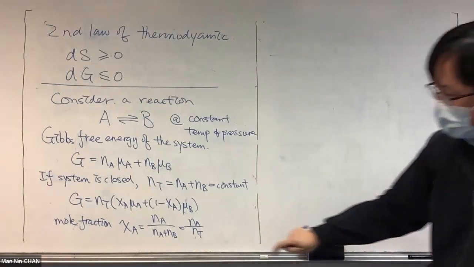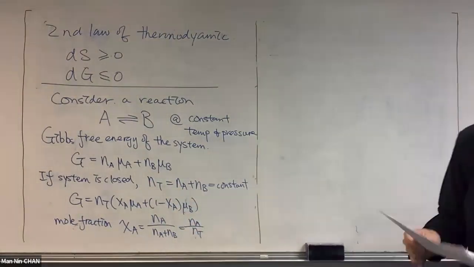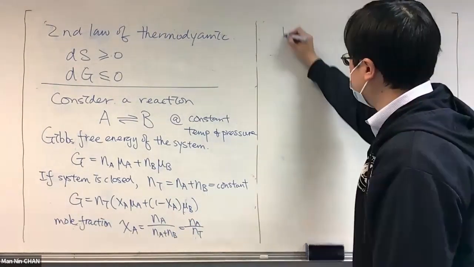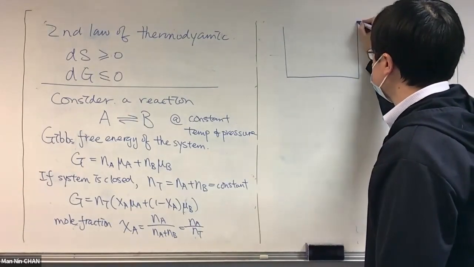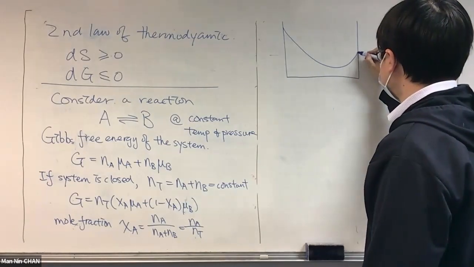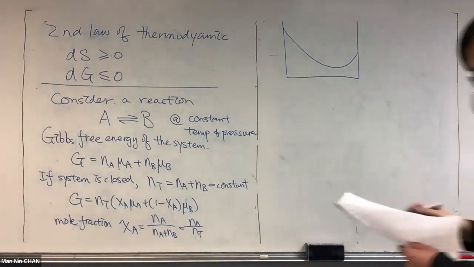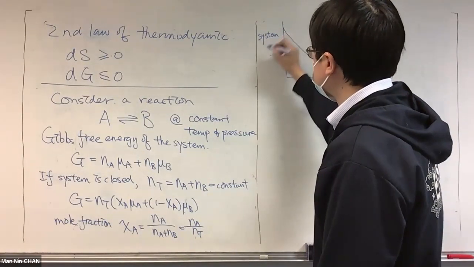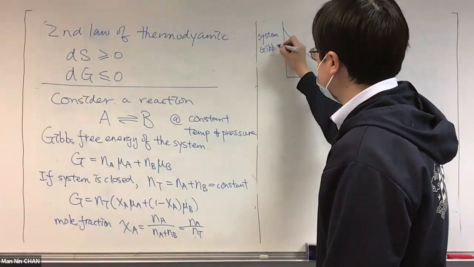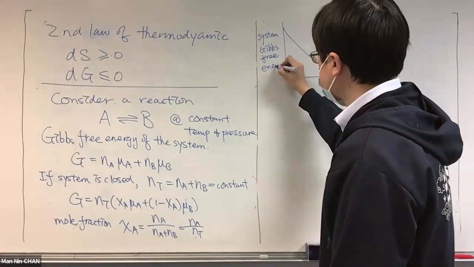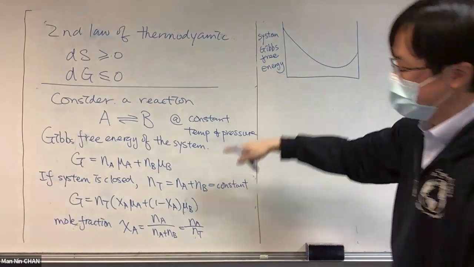Okay. So if I have this equation for my case, and I have some idea about the chemical potential of my A and B, I can try to plot a graph like this. Say this is the Gibbs free energy of the system, and I can calculate this.